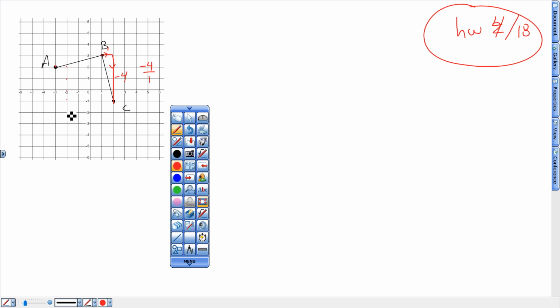If I do that, that will make sure that that line has a point that's parallel and the same distance between B and C. So here we go. From A, right 1, down 4. That is where my next point, my 4th point of this square, is going to be.